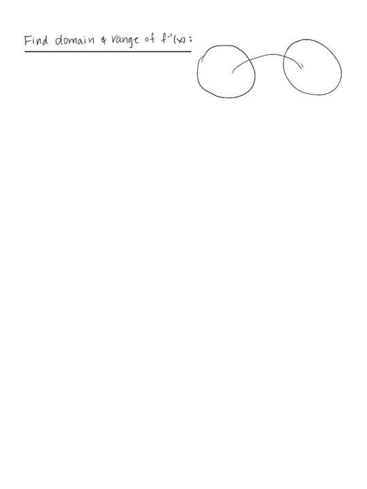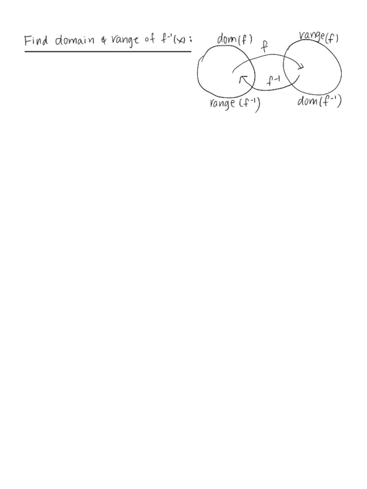So our f is going to go this way. So that means this is going to be the domain of f and the range of f. Now the f inverse is going to go the other way around. So this is our f inverse. So this is the domain of f inverse. And this will be the range of f inverse.